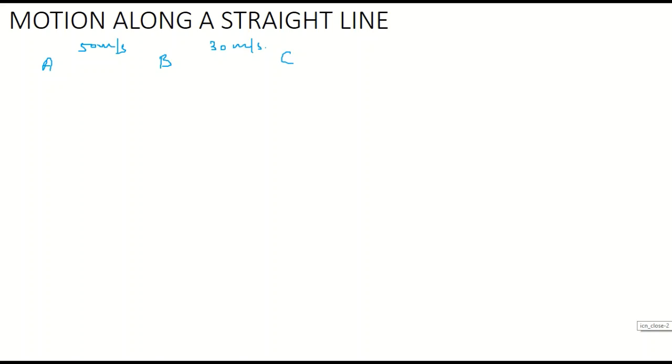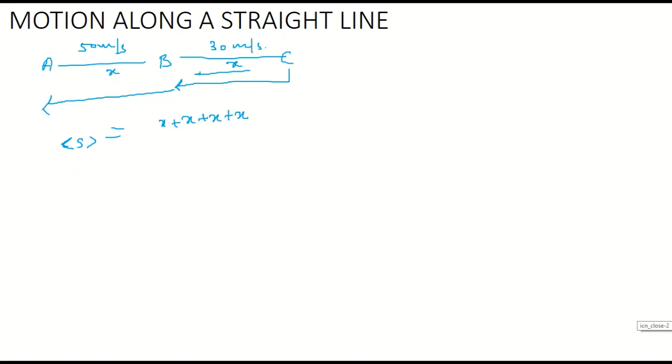And again it comes back from C to B to A. If I need to calculate the average speed, then what will be the total distance, students? That will be x plus x plus x plus x, 4 times x. Once x went, once x this side, then x came back, then x came back. So total distance will be 4x now, if it is coming back to A.